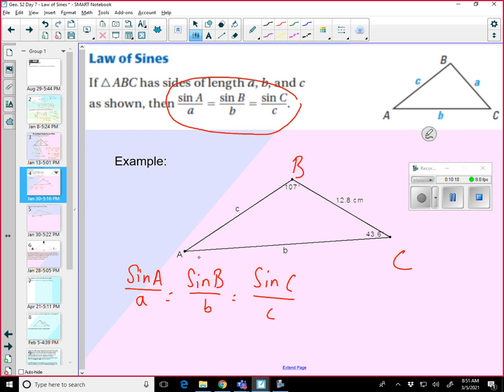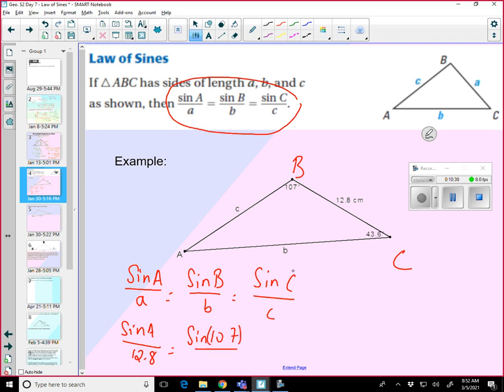First, A is not given, so keep it as sine A. Opposite to A is given, so this small a becomes 12.8. Then B is given, so sine B is sine of 107 degrees.